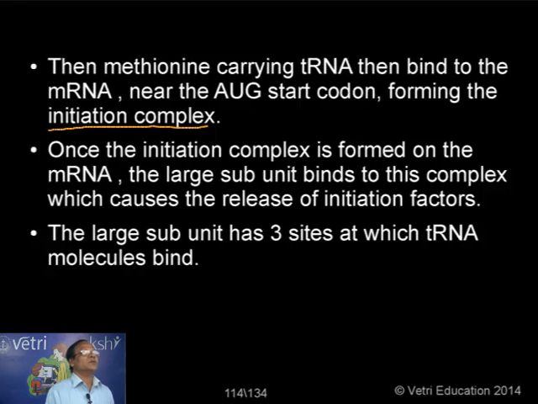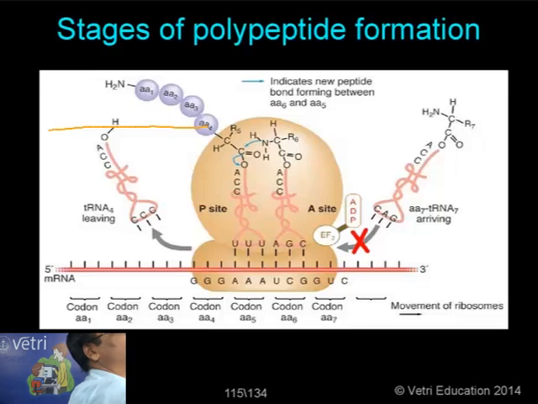After that there is no need, so they are released once the large subunit joins with the small subunit. And as I mentioned earlier, the large subunit has three sites for the different tRNAs to bind, where the tRNAs and the codons bind. So the large subunit has three sites, namely E, P and A, for the tRNA molecules to bind.